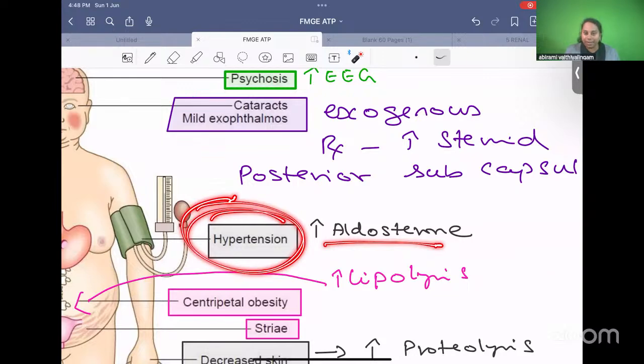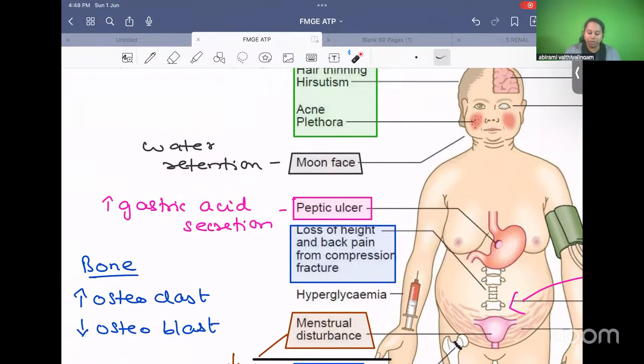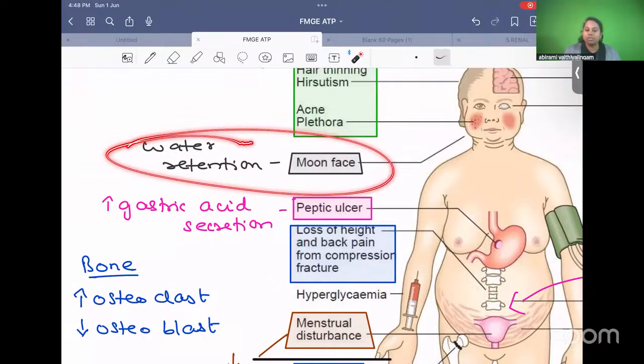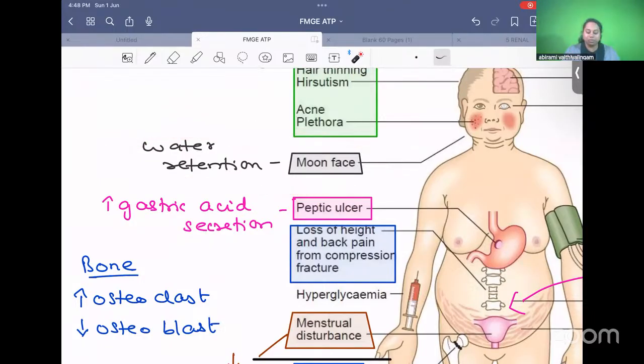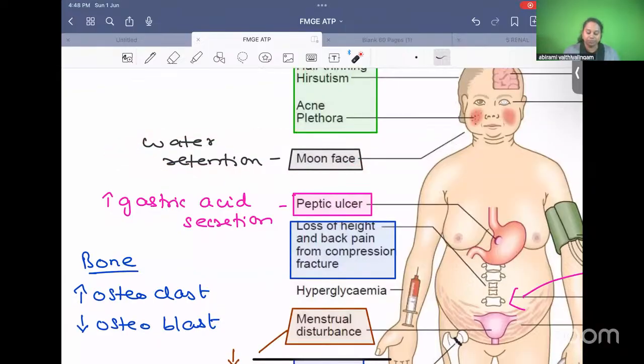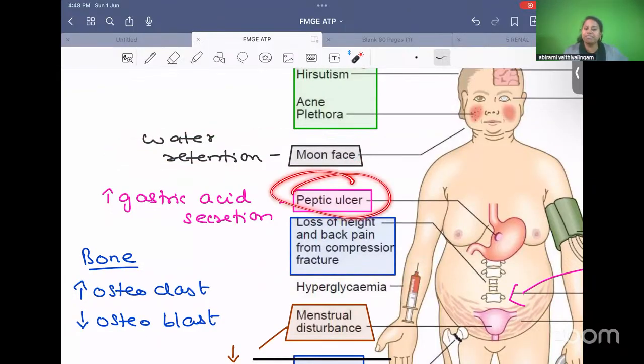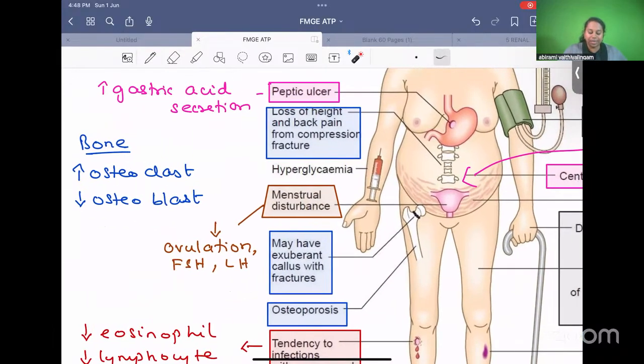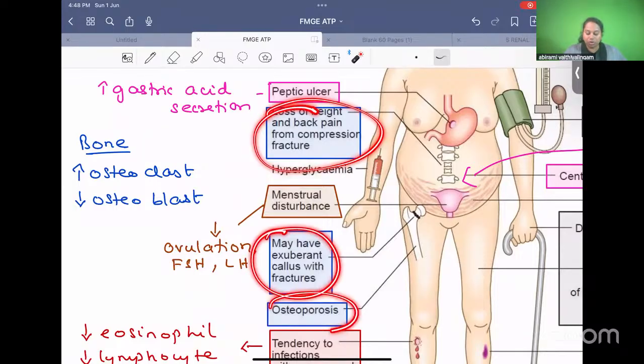This salt retention will pull water, and water retention is responsible for the edematous appearance of the face, moon face. Cushing syndrome patients have peptic ulcer because the action of cortisol is to increase gastric acid secretion. That's why ulcer.